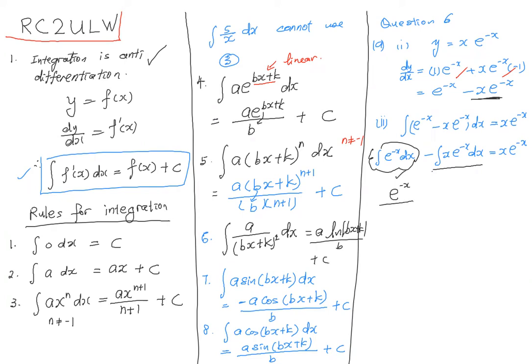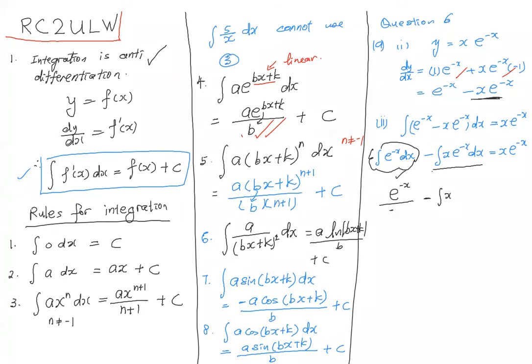Divided by what? Divided by 1? Why 1? Can you please have a look at the formula, the one circled in black.